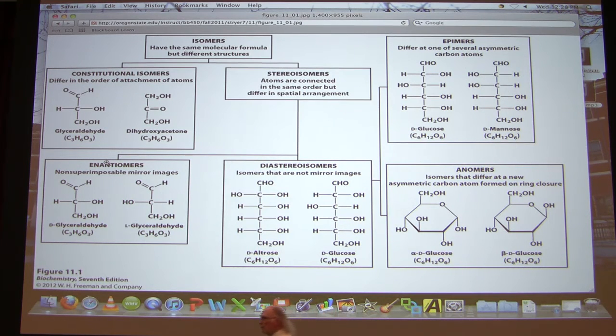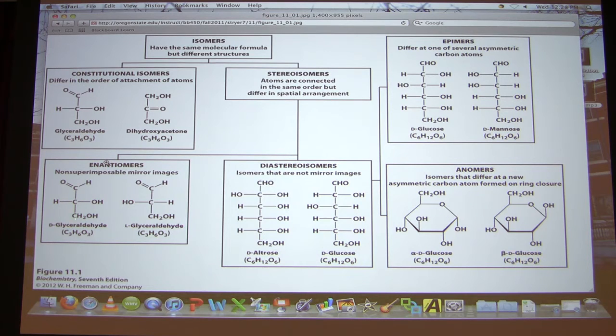In general, when we look at the structure of carbohydrates and decide if it's D or L, we look at the next to last carbon. If the OH is on the left side of the next to last carbon, it's an L sugar.